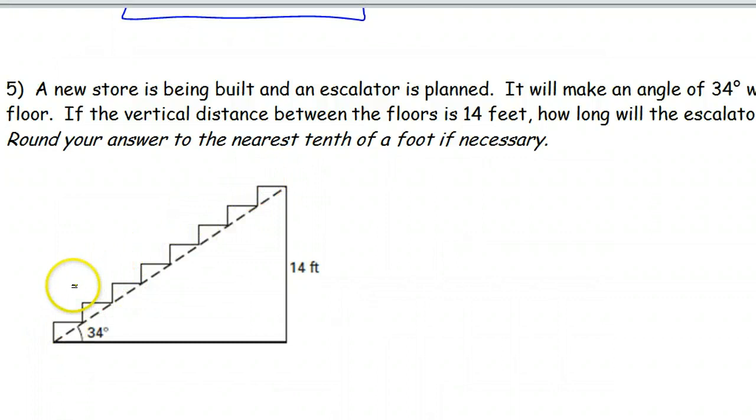The length of the escalator is this length here, the part that you walk up or stand on. That yellow part there, that's the escalator.